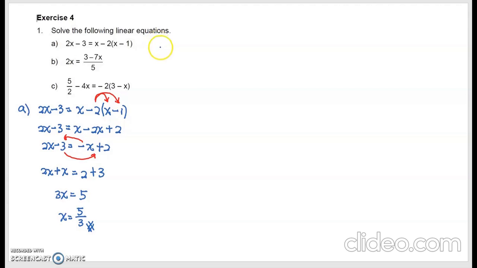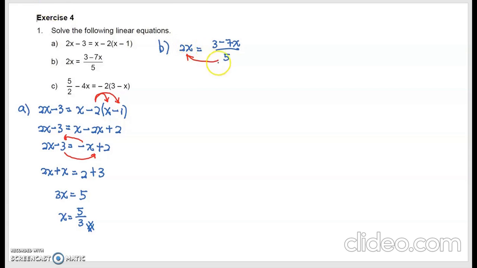If you look at question B, 2x is equal to 3 minus 7x over 5. First we try to simplify, or eliminate, this fraction. So what I do is multiply 5 to the right hand side.